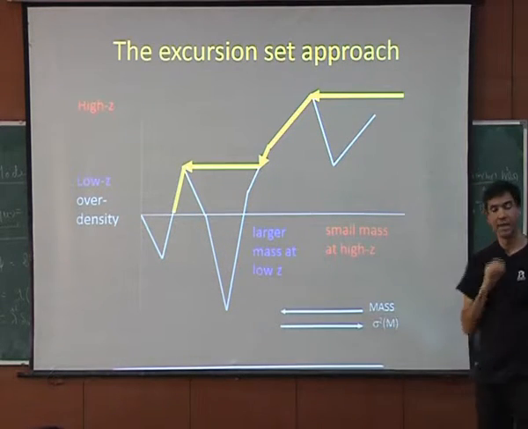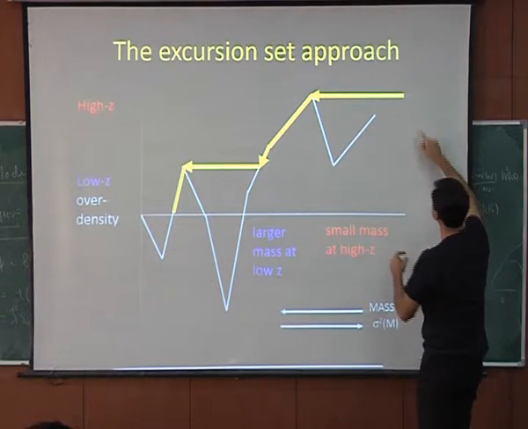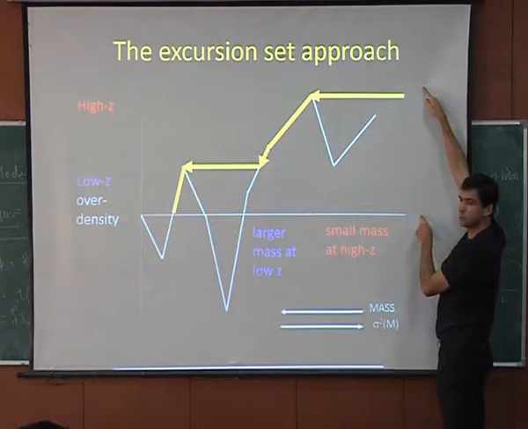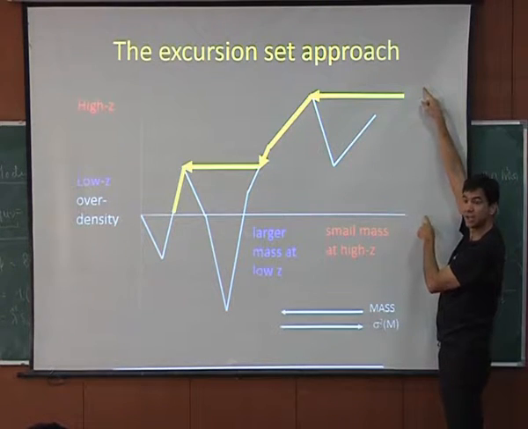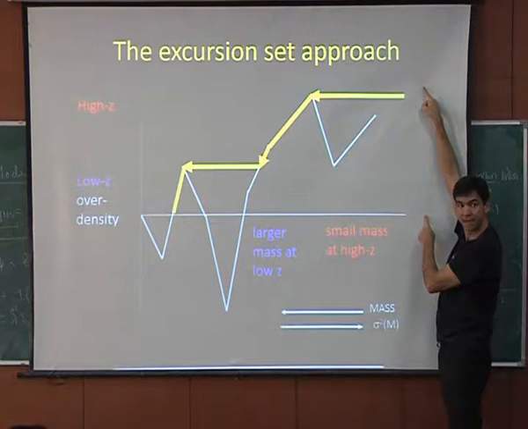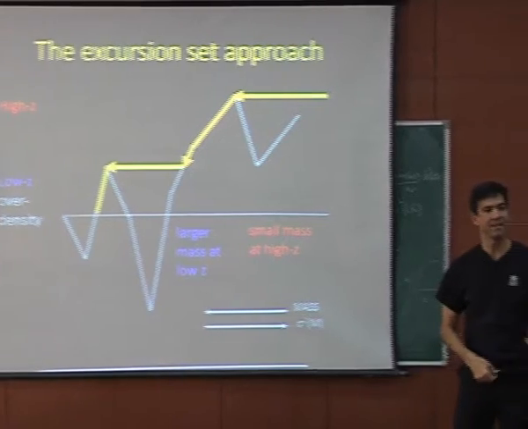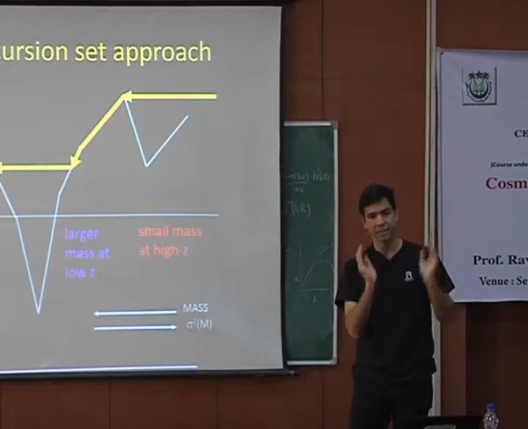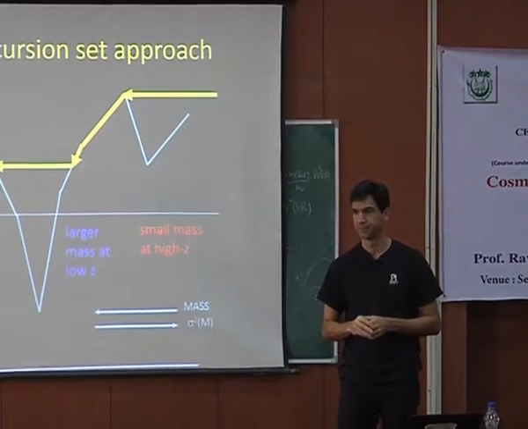Yeah? So that means that I can read off, because everywhere it crosses, there's a smoothing scale, and that smoothing scale contains a mass. And in the initial conditions, the smoothing scale is the mass, because the fluctuations are small: the mass is background density times volume times 1 plus delta, but delta is 10 to the minus 5.